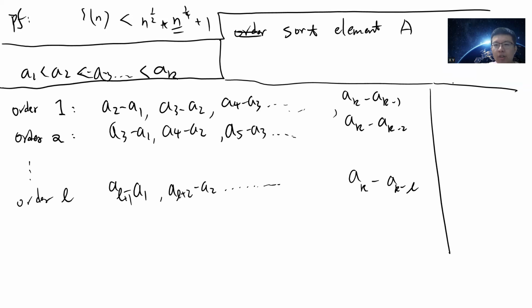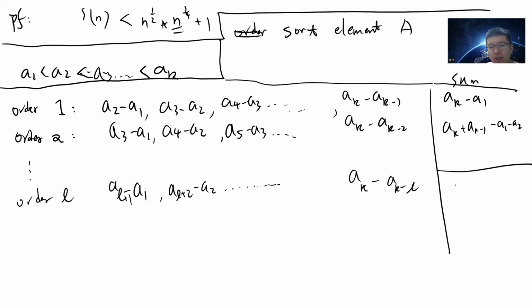Okay, and a very simple exercise is, if you sum over all the elements, you can see they all cancel, right? So for order 1 this gives AK minus A1. And for order 2, you can see that A3 and A4 cancel. So the remaining are A1, A2 at the beginning and AK and A(K minus 1) at the end, so you get AK plus A(K minus 1) minus A1 minus A2.